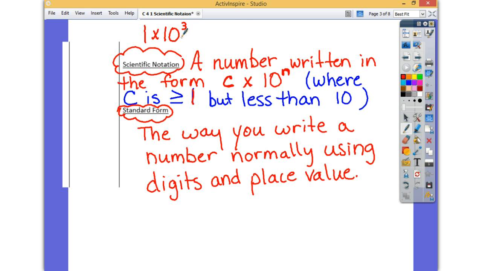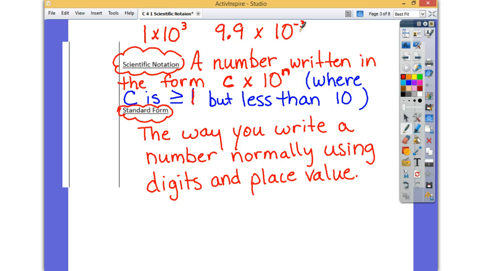That's written in scientific notation. 9.9, that's a number that's between 1 and 10, greater than 1, less than 10, times 10 to the maybe negative 3 power. Right? So you have examples there, 1 to a positive power, 1 to a negative power.